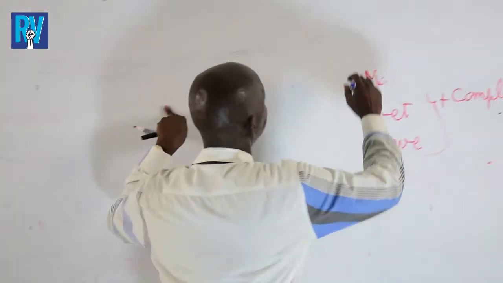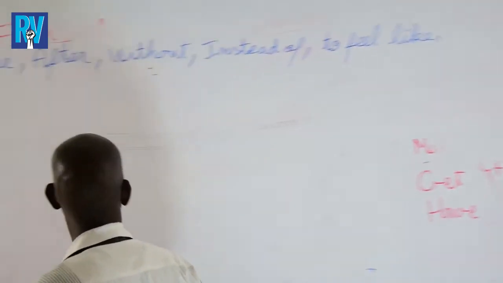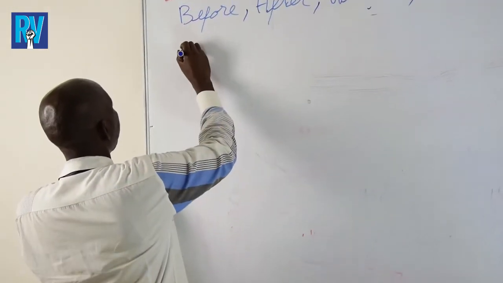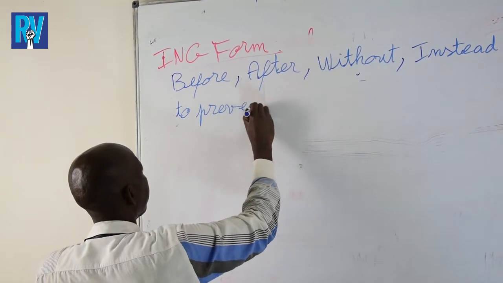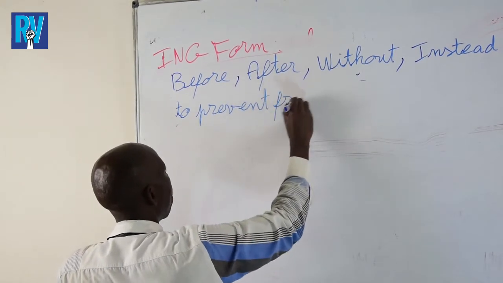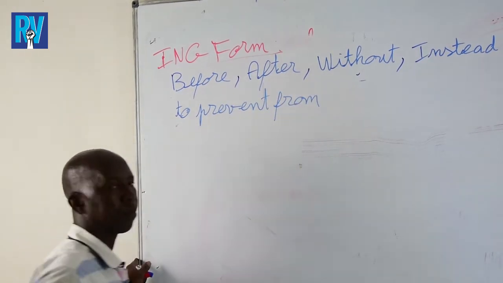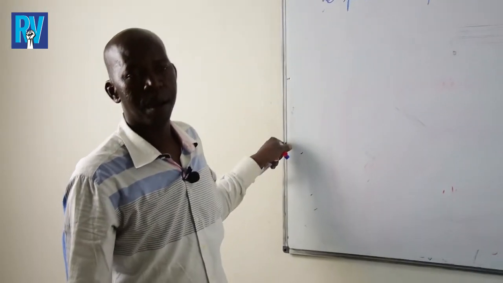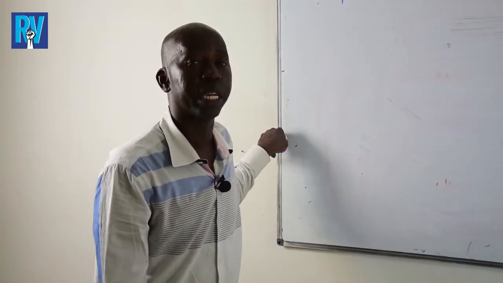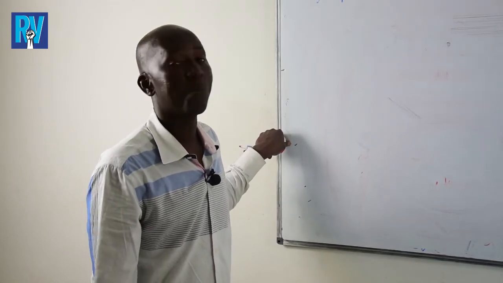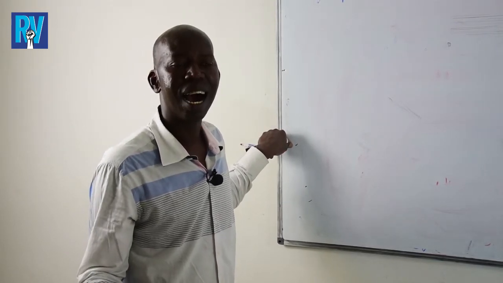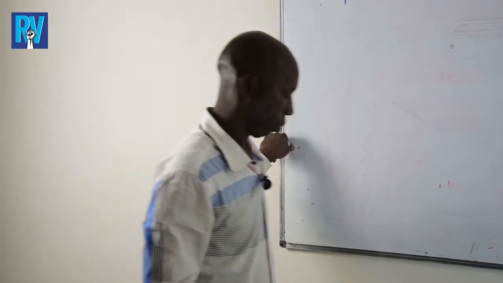Huh? Feel like. Okay, we have also to prevent from. Empêcher de. Prevent from. Her father prevents her from going to the party. From là, empêcher d'aller à la soirée. To prevent from plus ing form.